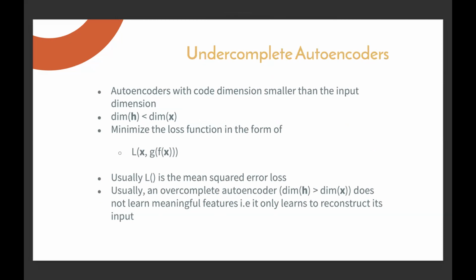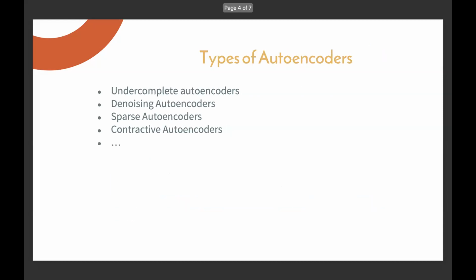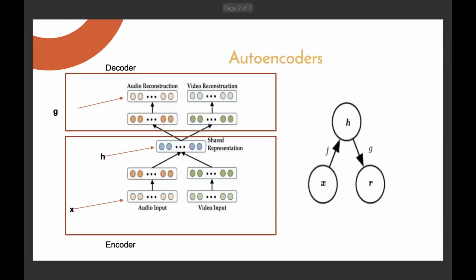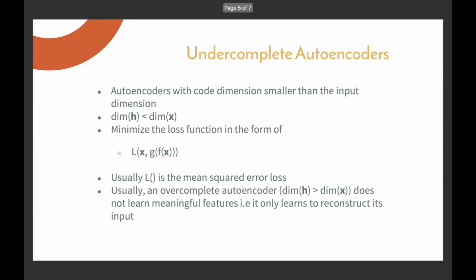We will minimize this objective, and L here means the mean squared error loss. For example, if we want to reconstruct an image or an audio, we can minimize this mean squared error loss between the original image and the output from the decoder.